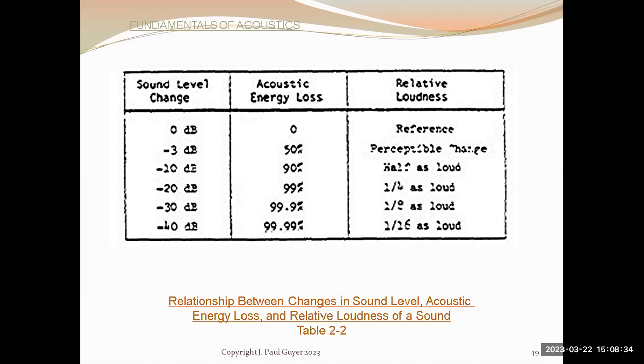And on down through the table, if the source sound is reduced by 40 decibels, the human would perceive that sound as being about 1/16 as loud as it was initially. This table just gives you a little feel for how humans perceive loudness.